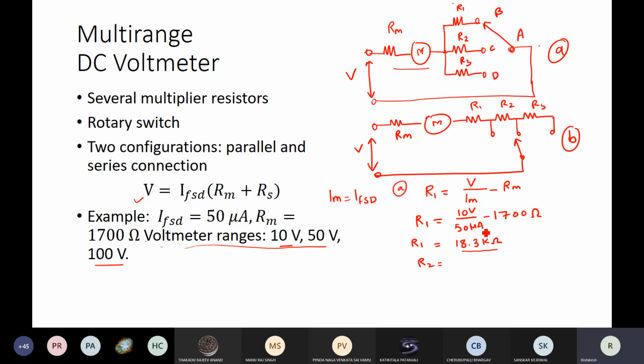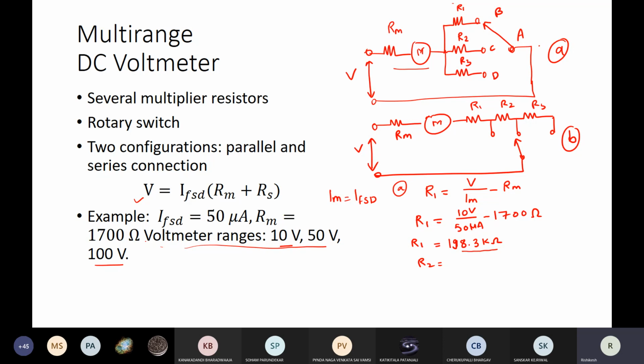Because this is volt divided by microampere, it will be on the scale of 10 raised to 6, minus something, so something like 200 kilo. 198.3 kilo. Okay, now it makes sense, because this is in the 10 raised to 6 range. So R1 is 198.3 kilo.